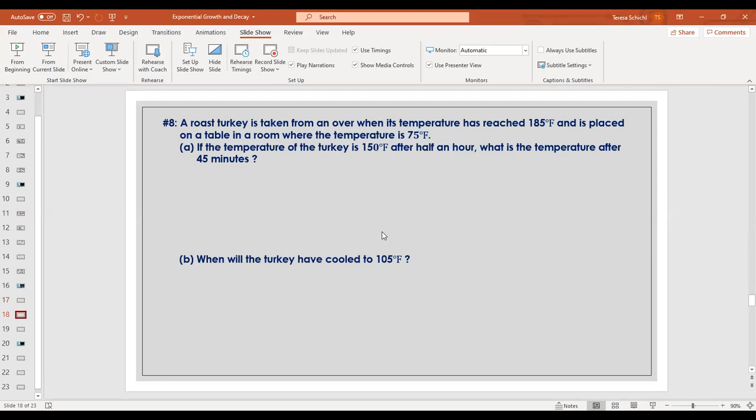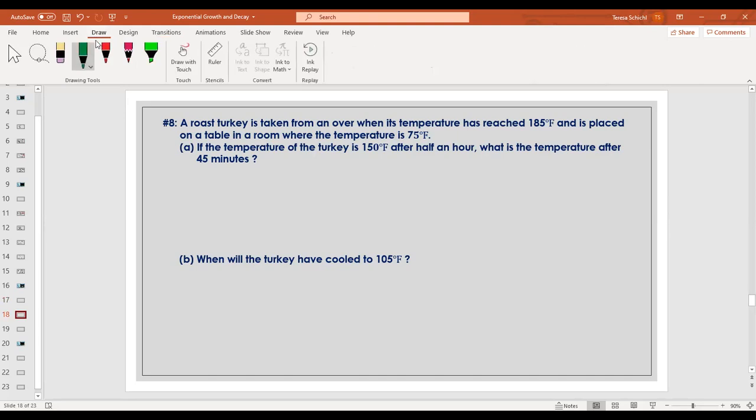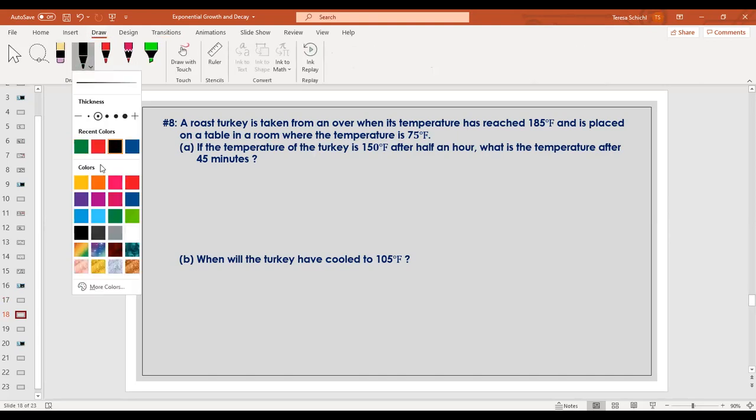If the temperature of the turkey is 150 after half an hour, what is the temperature going to be after 45 minutes? And then the second question asks us when the turkey will have cooled to 105 here.